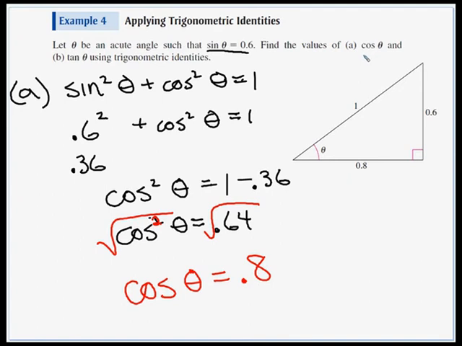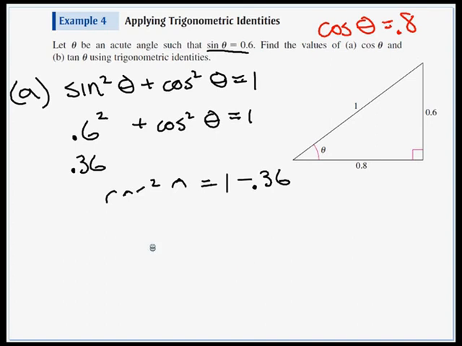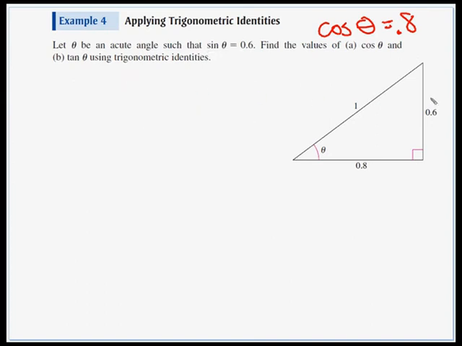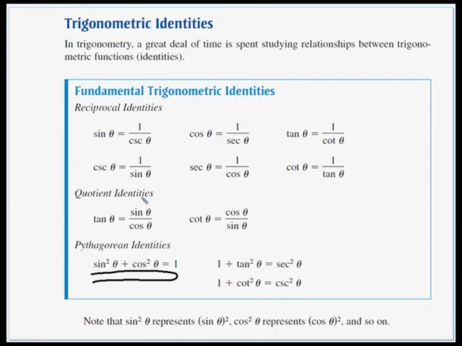We found cos theta. Part B, it says find tan theta. I'm going to just come up here, write the cos of theta is 0.8 and clear this out. Okay, for part B, it says find tangent. Well, back to these new identities here. Tangent is equal to sine divided by cosine.